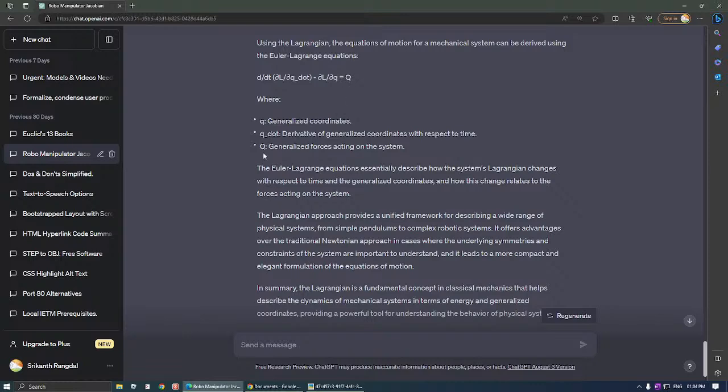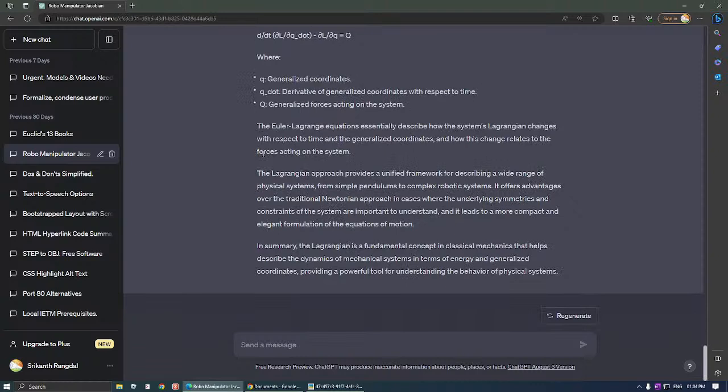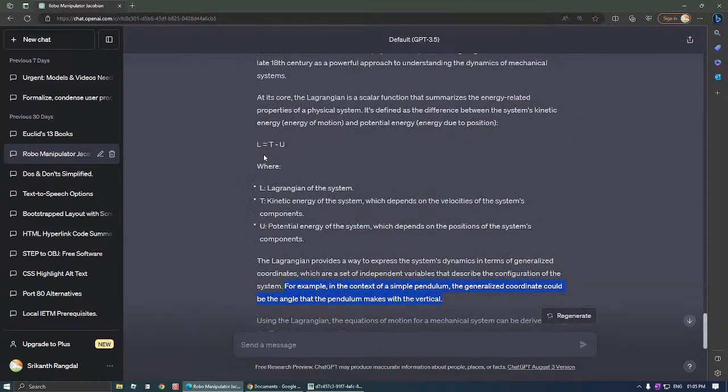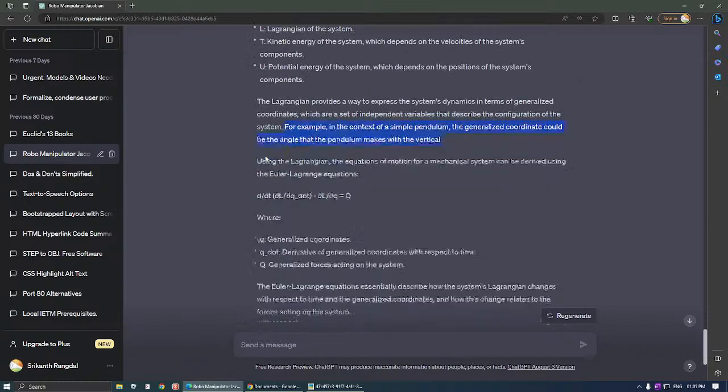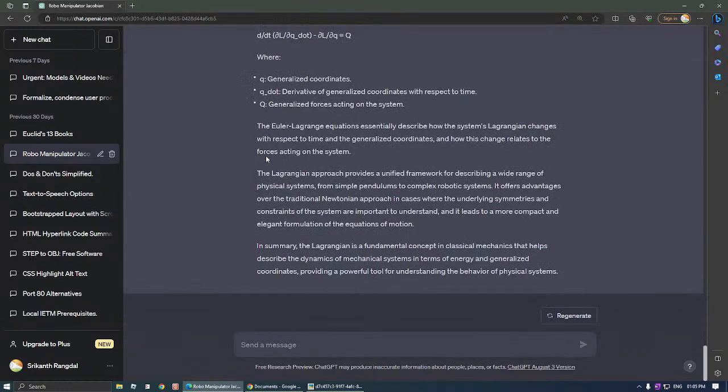Okay, so Q is the generalized forces acting on the system. Euler-Lagrange equations essentially describe how the system's Lagrangian changes with respect to time in generalized coordinate systems. Yeah, a lot of theory, but I'm interested in the application of this particular thing, so let's ask if it is able to explain the Lagrangian formulation of a simple pendulum.